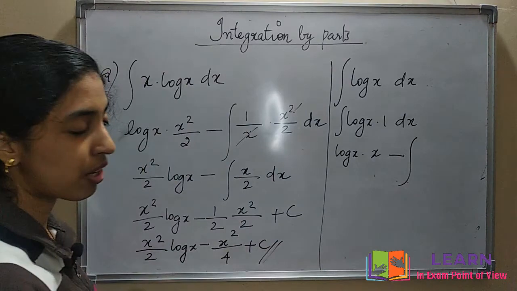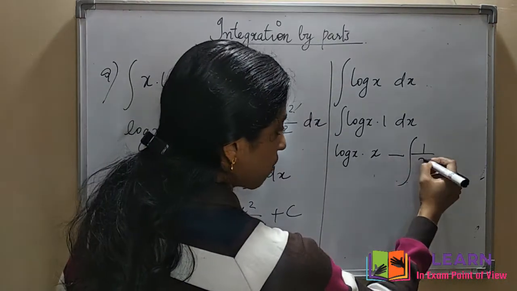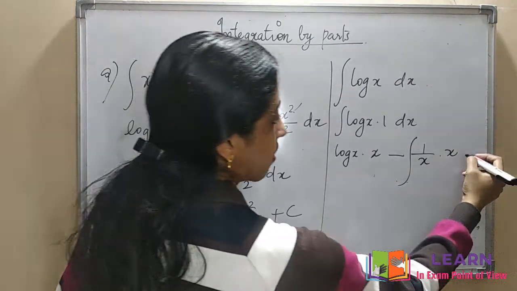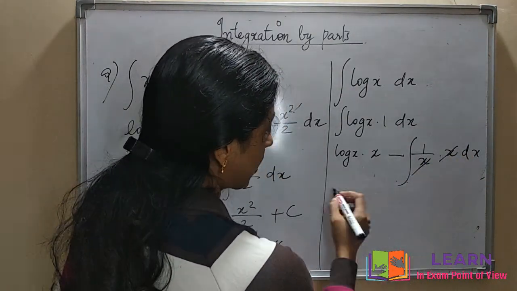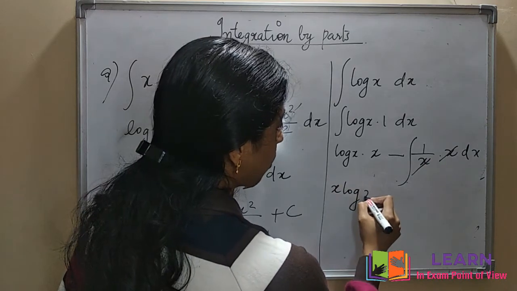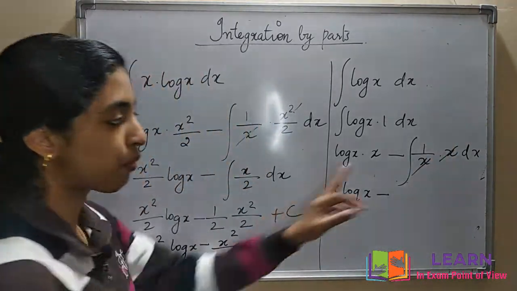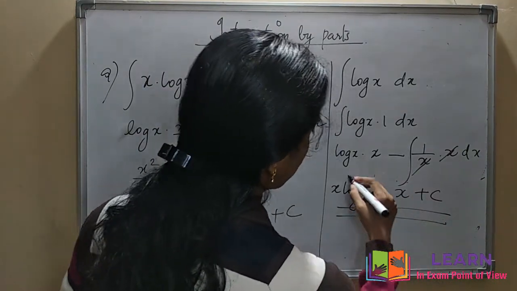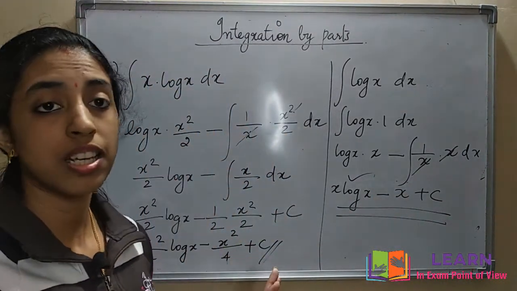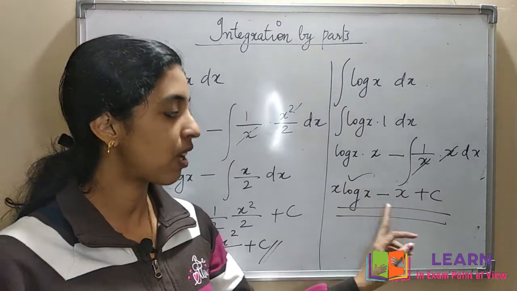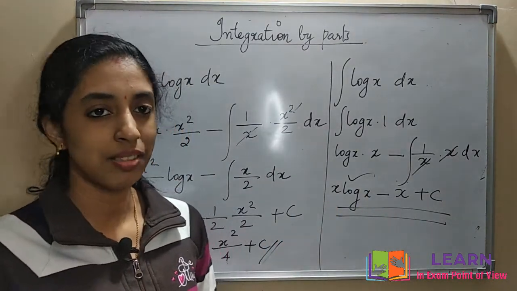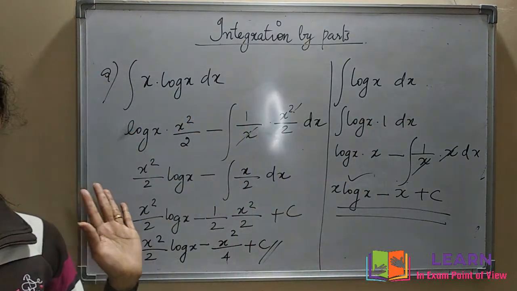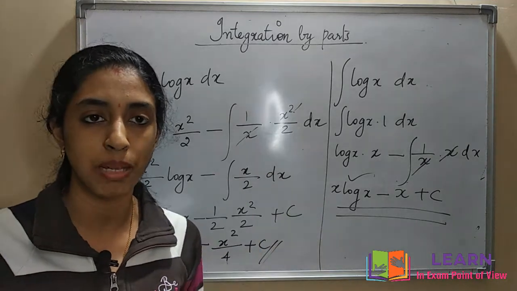Minus integral, the derivative of log x, which is 1 by x, into the integral of second, that is x dx. This x will get cancelled. We have x log x minus the integral of 1 dx, that is x, plus c. If you want, you can memorize this: for log x, the integration formula is x log x minus x. Clear? Both we are doing by integration by parts.